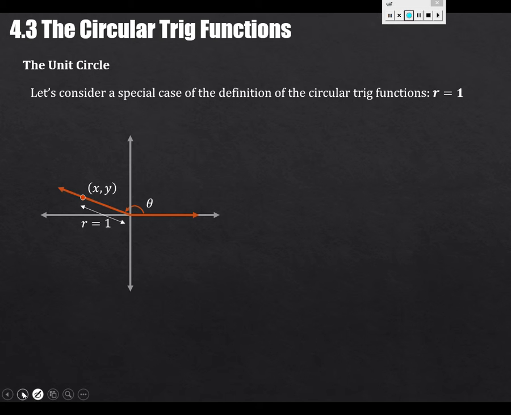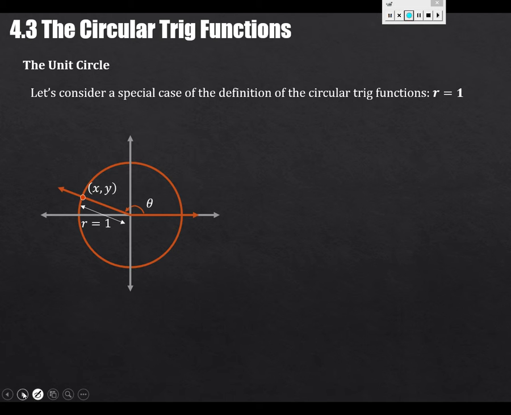The set of all points that are 1 unit away from the origin form a circle around the origin of radius 1, if you're thinking about the locus of points using geometry ideas. And the definitions we just gave, if r happens to be 1, are really nice.